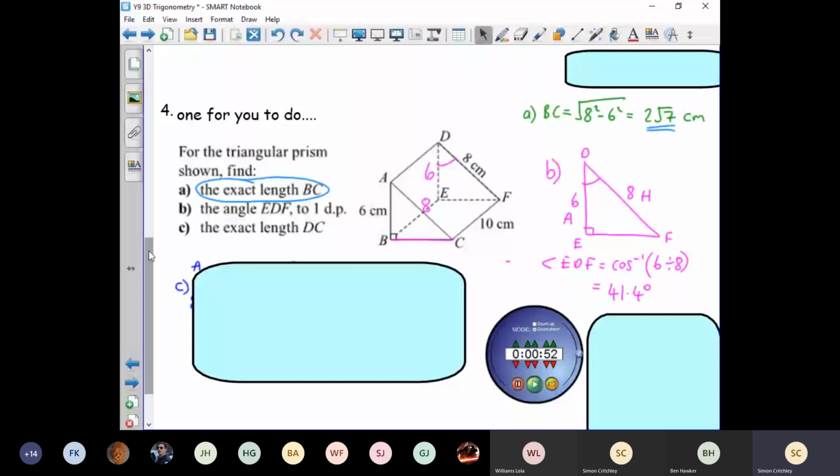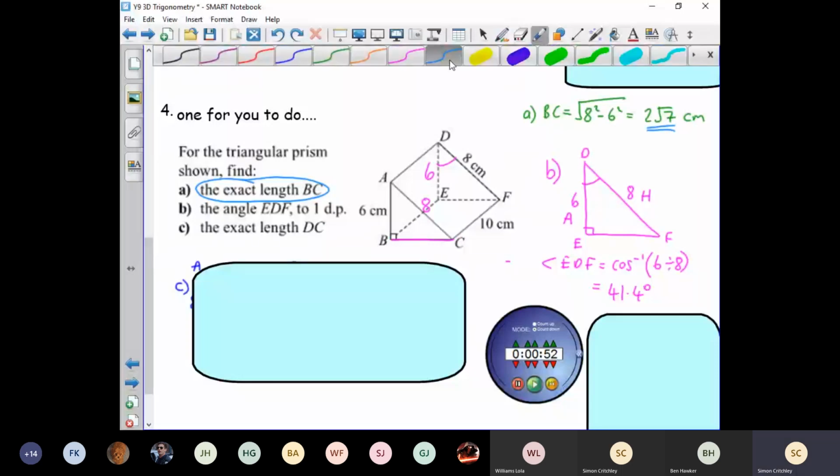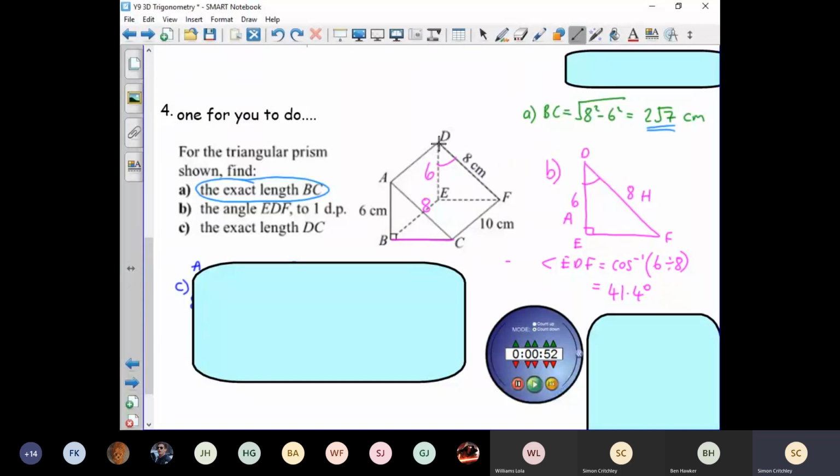And the last one, the exact length of D to C. D to C, well, this is the length across the front here, isn't it? So it is a diagonal, but it's not a diagonal through the shape. It's still on one of the faces, that sloped face of that shape.